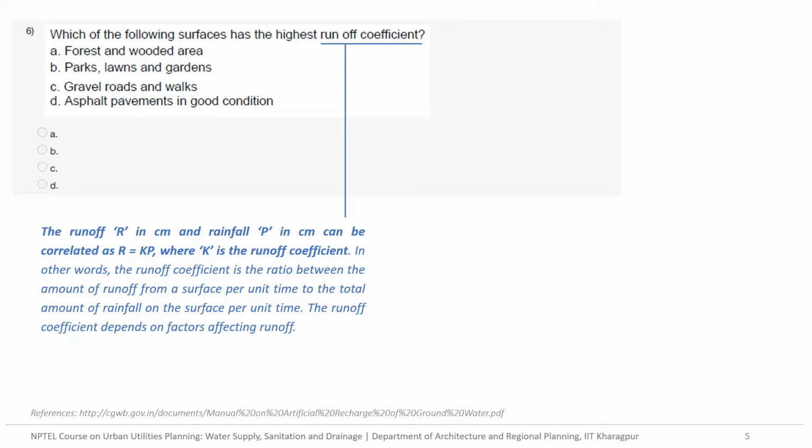So it basically depends on factors affecting runoff. So a surface that is more amenable to water moving faster will have a higher runoff coefficient, and the surfaces that are not so good for water running off, which provide a lot of friction or obstacles towards the movement of water, will have a lower runoff coefficient.